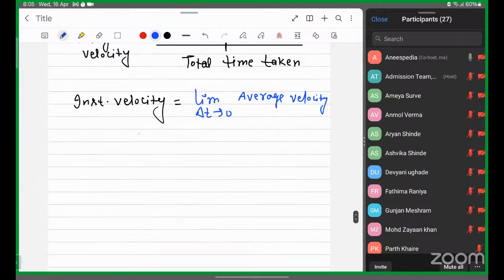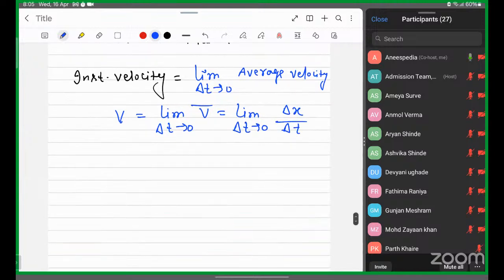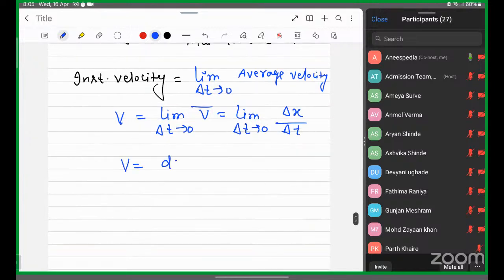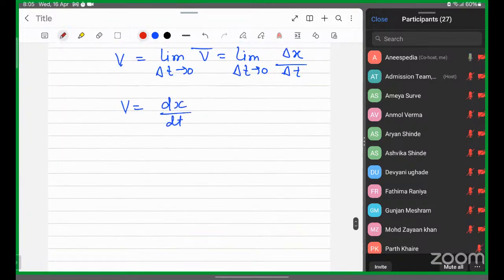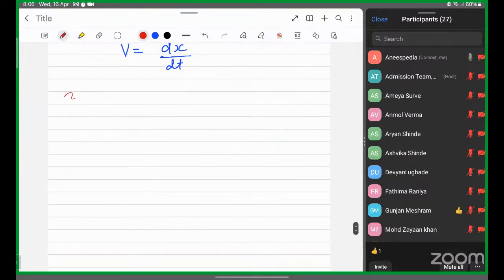So instantaneous velocity v equals limit delta t tending to zero of v bar, that is limit delta t tending to zero of delta x by delta t, which will be dx by dt. Understood or any doubt? Understood, sir.